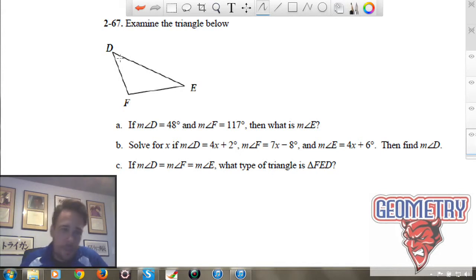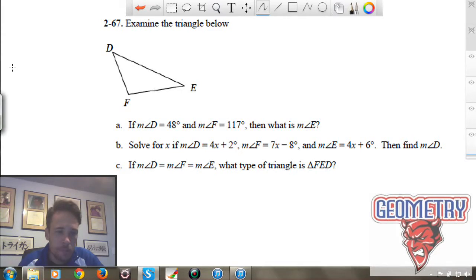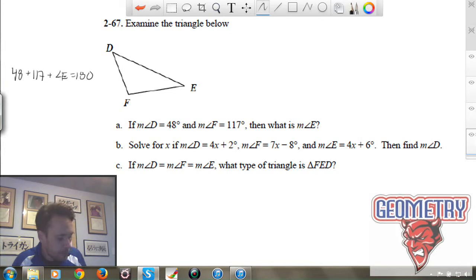angle E? Well, we know that due to triangle sum theory, the three angles in a triangle need to add to 180 degrees. So 48 plus 117 plus angle E equals 180. So when we combine 48 and 117 together, we get 165.